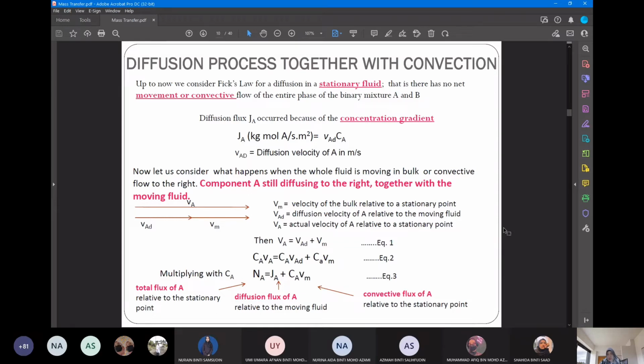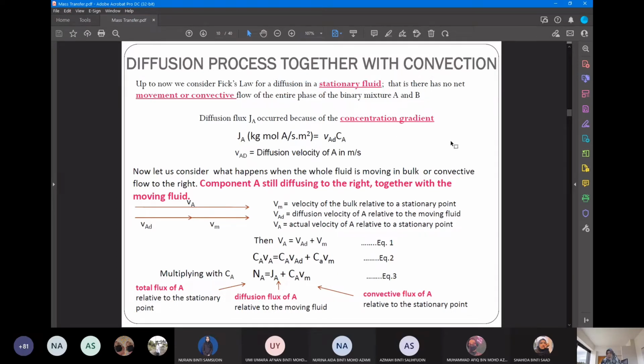Any question, you just switch on your mic and ask, because I cannot see your face when I'm giving you the lecture. So, diffusion process together with convection. Everyone can read this, I don't have to read it for you. It comes from Fick's law also, but Fick's law equation is based on diffusion in stationary fluid.